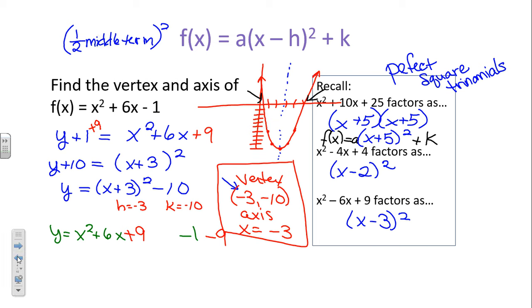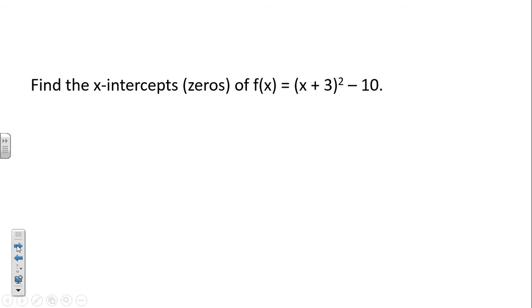In those 2 spots, that's where y is equal to 0, right? Make sense? Okay. So if we have something already in vertex form, it helps us to find out where y equals 0. Because this vertex, or standard form as our new book calls it, is y equals x plus 3 quantity squared minus 10.